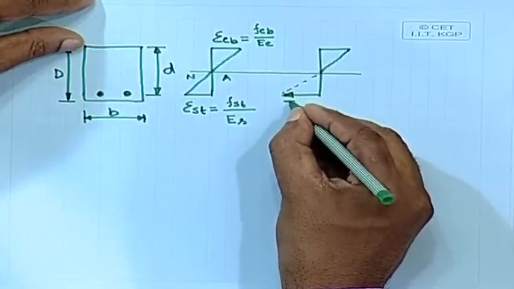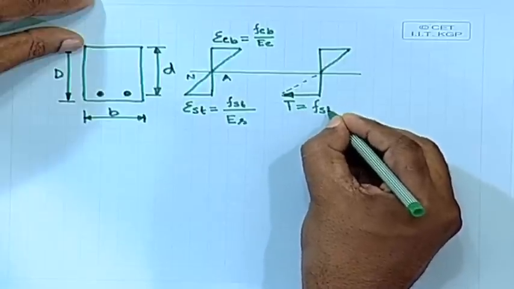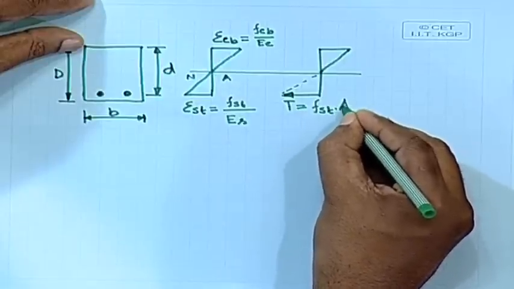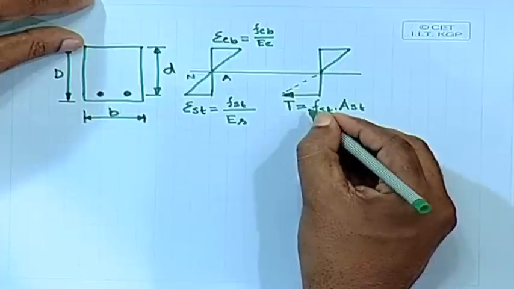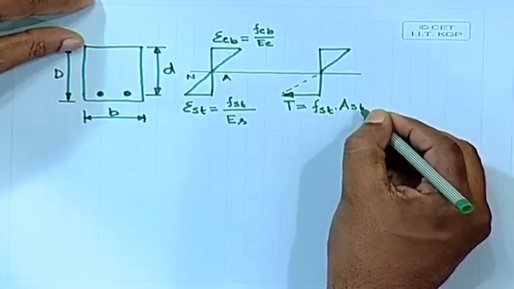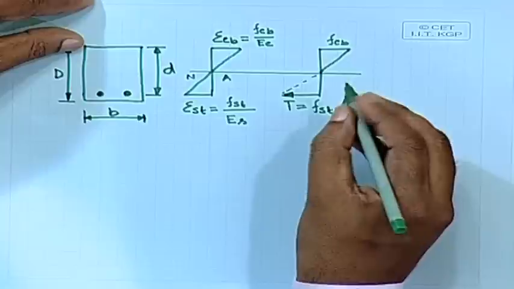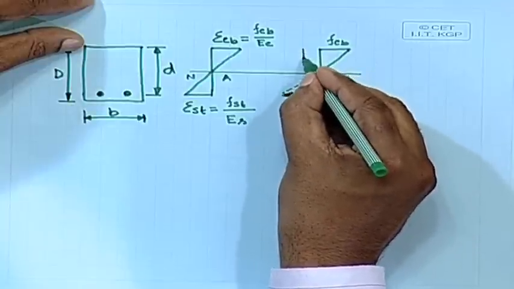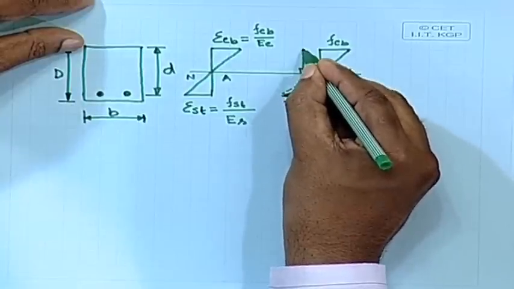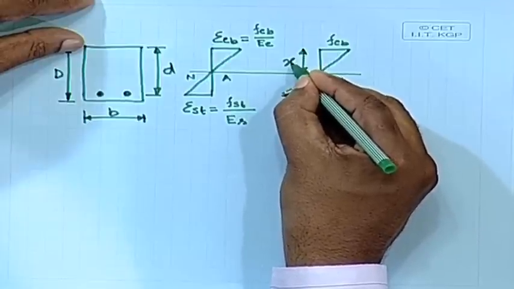So, this is your T, FST times AST, the stress developed in steel times the AST, that we shall get. And FCB, let us say this one; the depth of the neutral axis, so this is x.